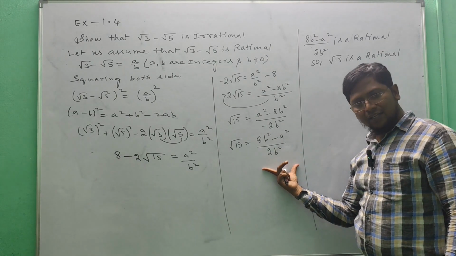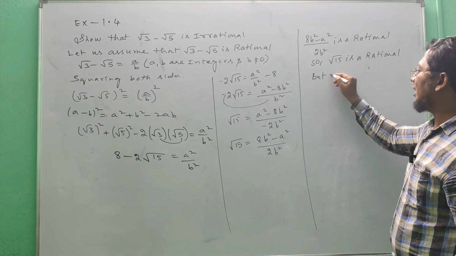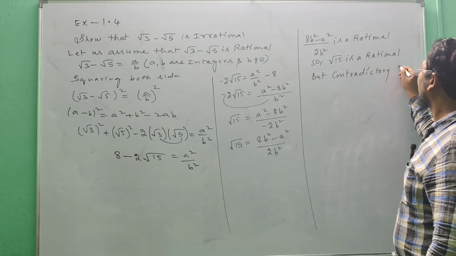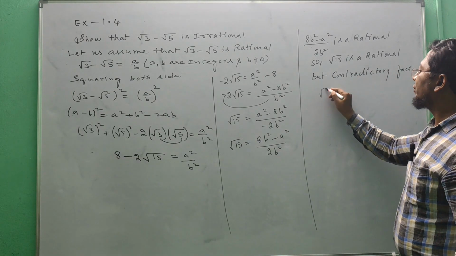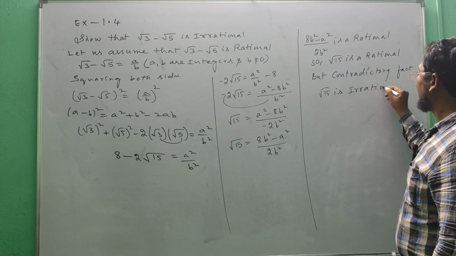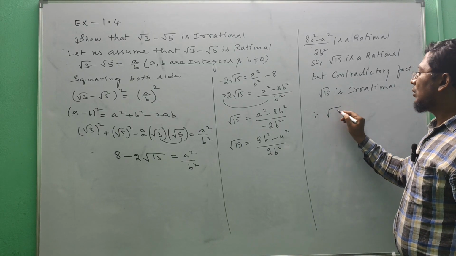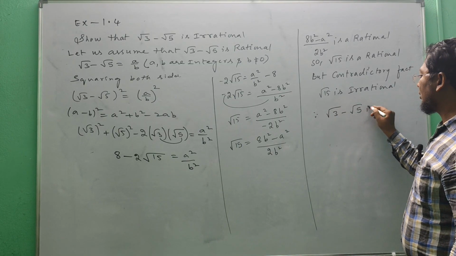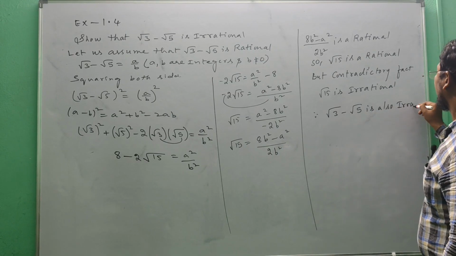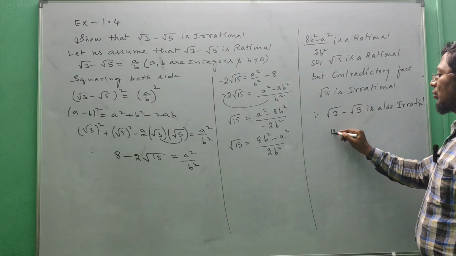If the RHS is rational, then the LHS will be rational. But the contradictory fact, root 15 is irrational. If root 15 is irrational, therefore root 3 minus root 5 is also irrational. Hence proved.